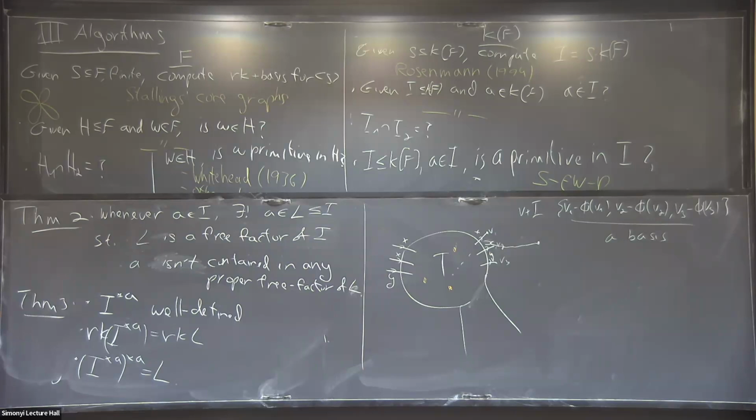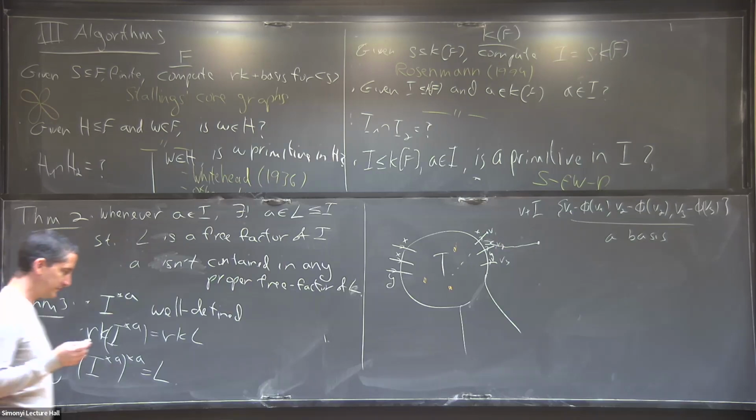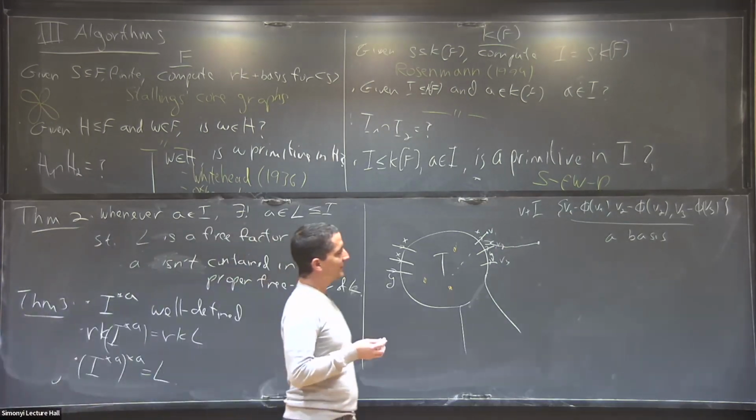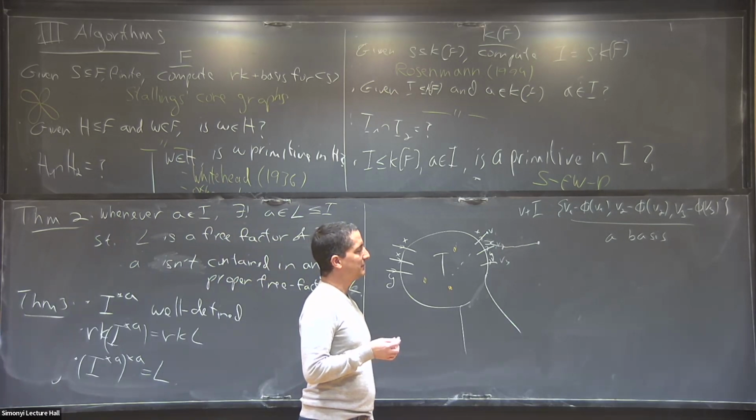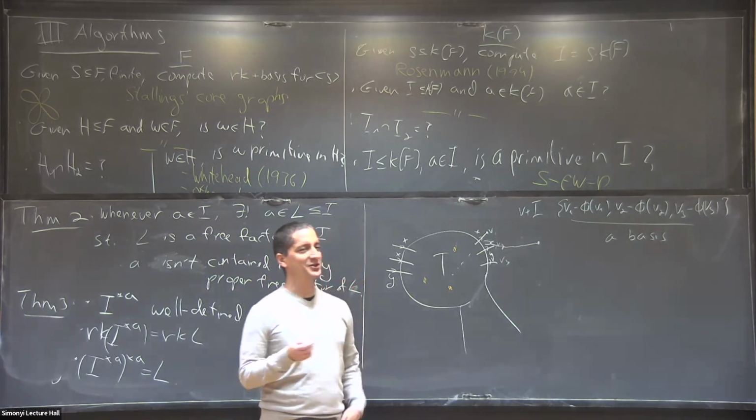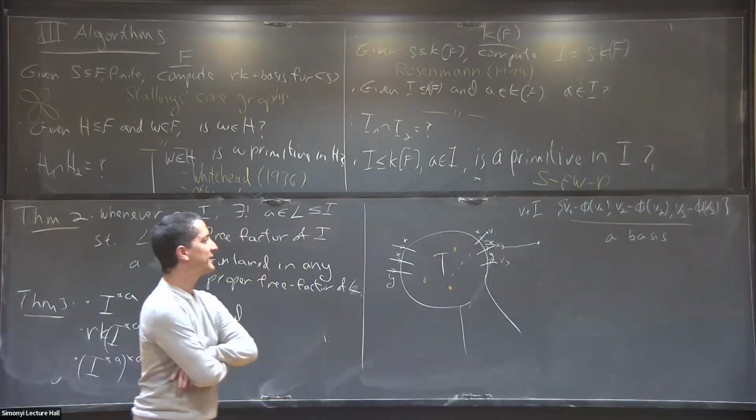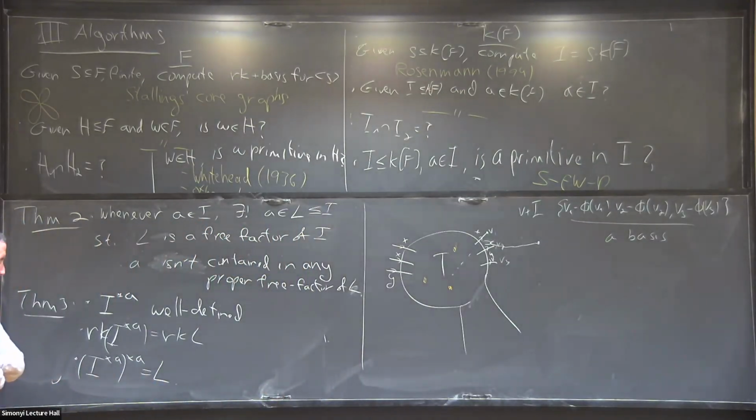Yes. Suppose you're given a two-sided ideal. You want a basis as a two-sided ideal, or does it exist? Do you know anything about it? So you want a unique representation when you can multiply from both sides. I'm not sure.